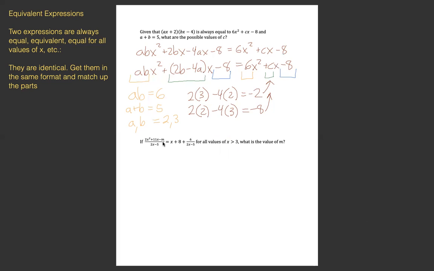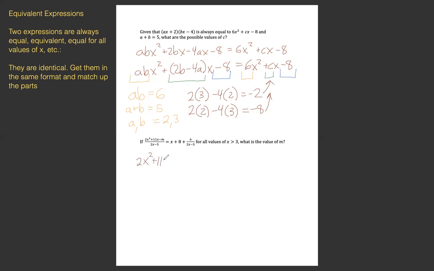Well, we don't want to really do long division when we don't know that. That would be ugly. What we can do is if we multiply all of that and all of that by 2x minus 5, basically we get rid of the denominator. So think like you're working with rational expressions here. Let's just see where we end up.